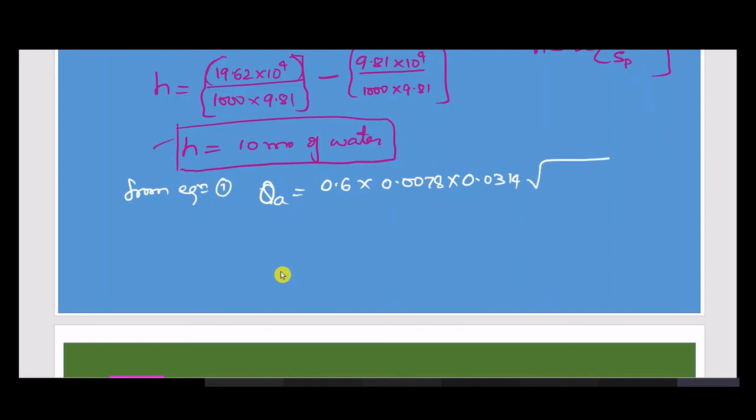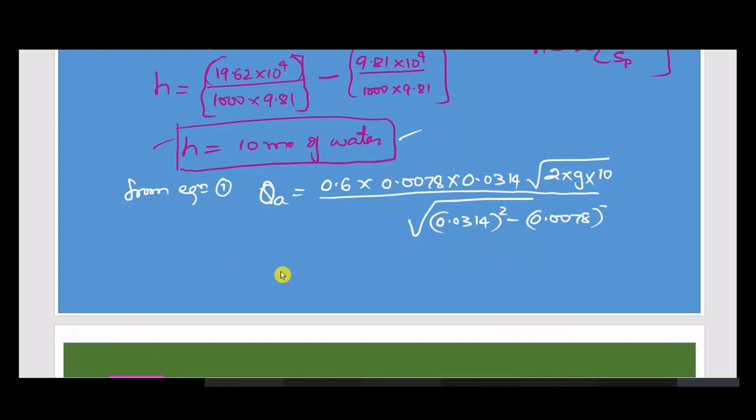Square root of 2 G H, H value you have taken here 10 meter, upon square root of A1 square minus A0 square. A1 is 0.0314 whole square minus A0 is 0.0078 whole square. Because already, dear students, keep in mind A1 will always be greater than A0. A0 is less than A1. In the previous venturimeter also we said the diameter of the throat is less compared to the inner diameter.